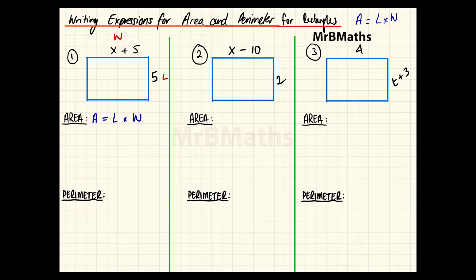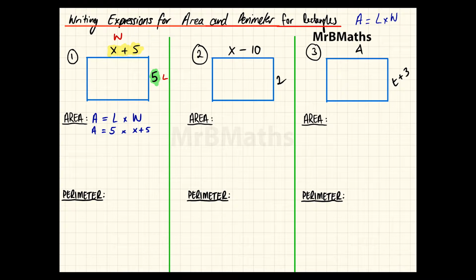All that is, I've said W is x plus 5, and I've said the L is just 5. So substitution is, instead of writing the letter, I'm going to write what the actual value is. So again, writing this, A equals, now instead of L, I'm going to write 5. Put the times there, and instead of W, I'm going to say x plus 5.